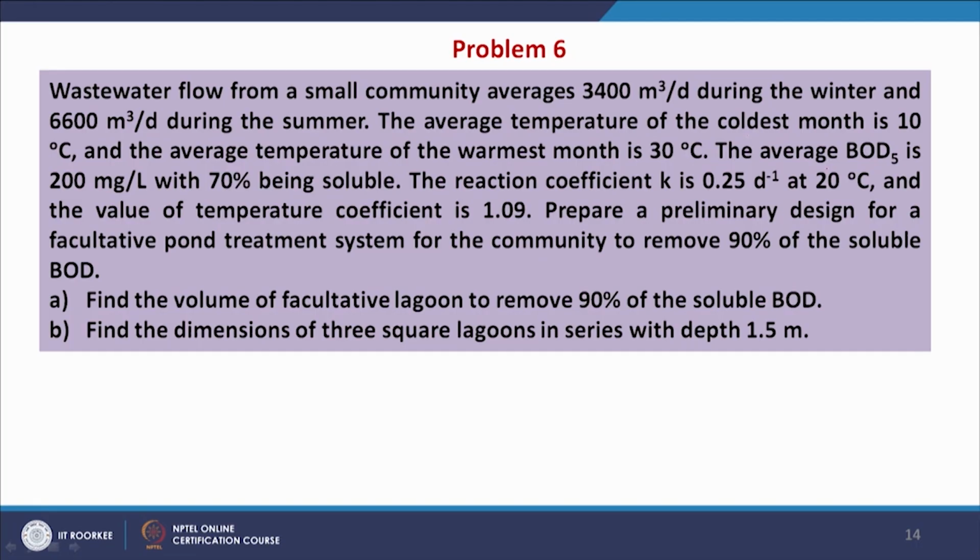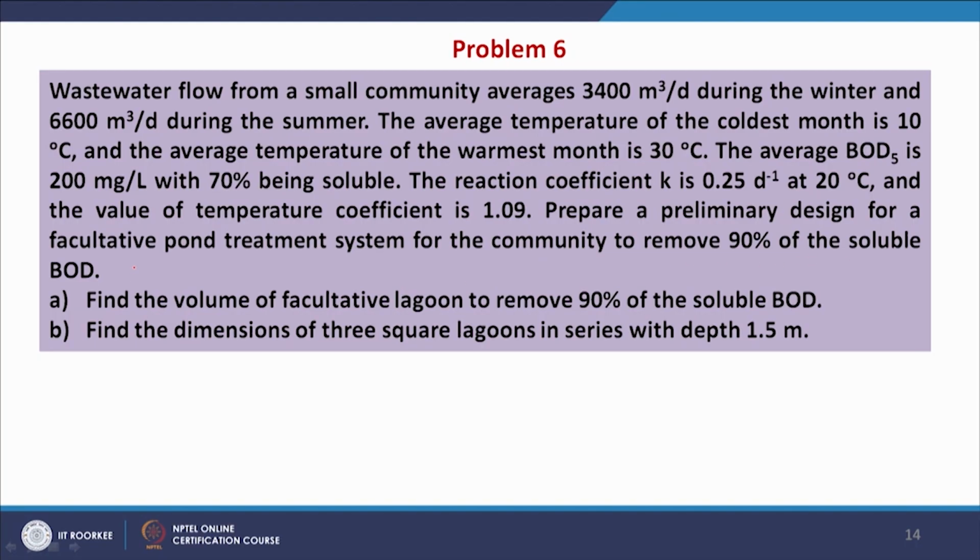The average BOD5 is 200 mg per liter with 70% being soluble. The reaction coefficient K is 0.25 per day at 20 degree centigrade and the value of the temperature coefficient is 1.09. Prepare a preliminary design for a facultative pond treatment system for the community to remove 90% of the soluble BOD.